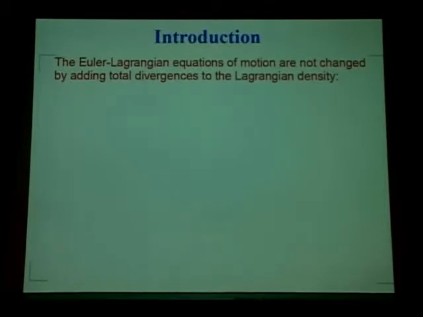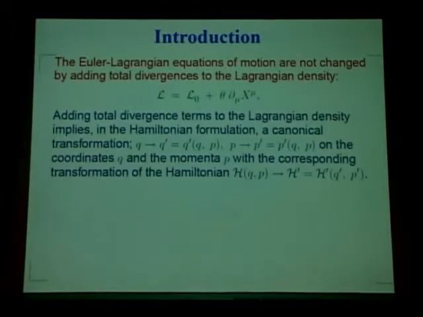So let me start with the introduction. It is a fact in classical mechanics that the Euler-Lagrange equations of the Lagrangian formulation do not change by adding total divergences. So if I have some classical mechanics system described by a Lagrangian L0, adding total divergences to the Lagrangian does not change the equations of motion.